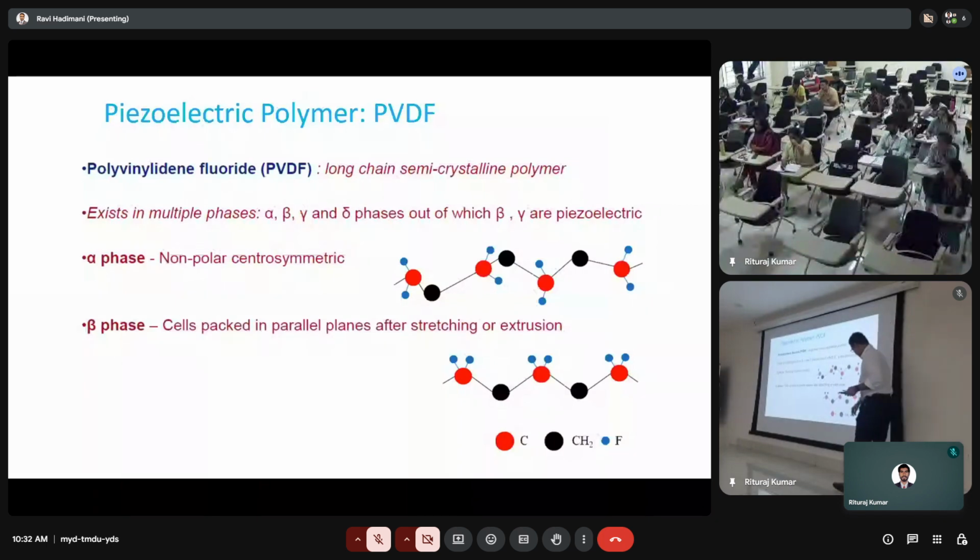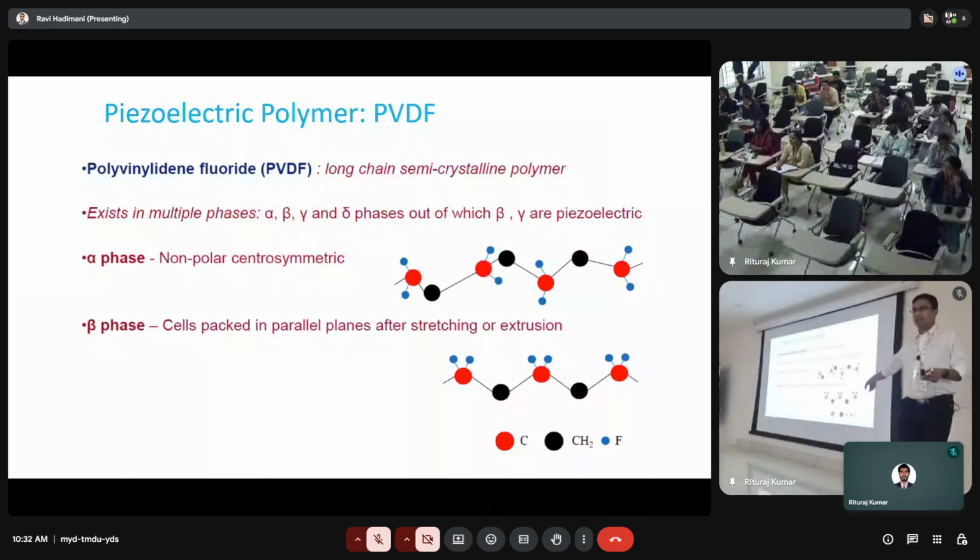The carbon and hydrogen are black and the fluorine is red. This has some charge. It's fairly neutral, but there is a charge separation there. The charge distribution is not symmetric in this phase, and that's why this phase doesn't exist naturally.